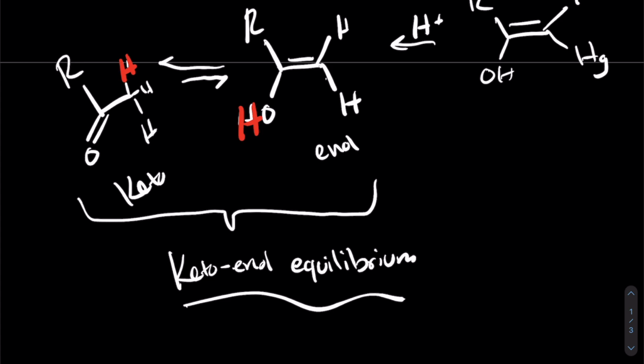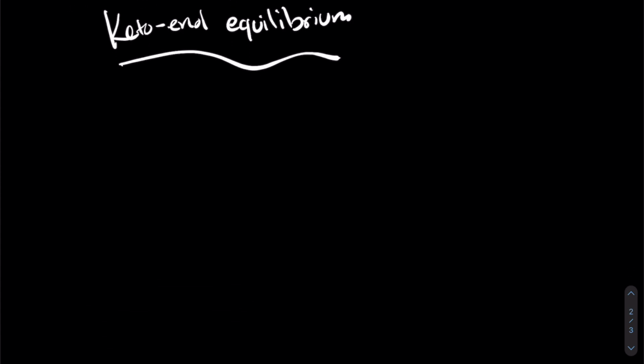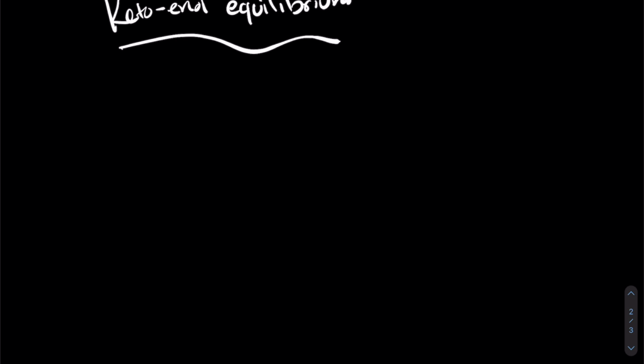All right, and this is an important equilibrium that's going to make itself known to you multiple times over. So it's worth understanding and appreciating how this whole process plays out. So let's just discuss it. The keto-enol equilibrium is going to exist for any ketone that is next to hydrogens.